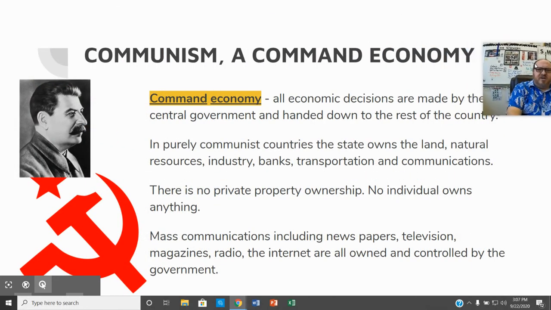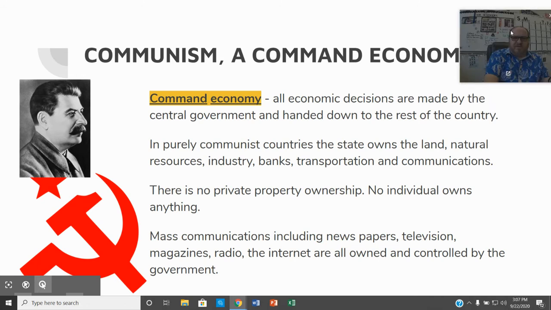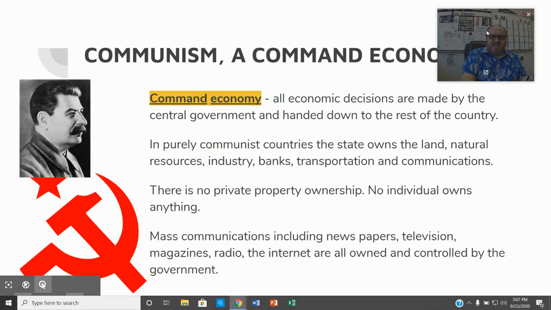So last, communism and command economy. So command economy is kind of also the way it sounds. It's an economic system in which the economic decisions are made or commanded by a central government and then handed down to the rest of the country. In pure communist countries, the state owns all the land, all the natural resources.